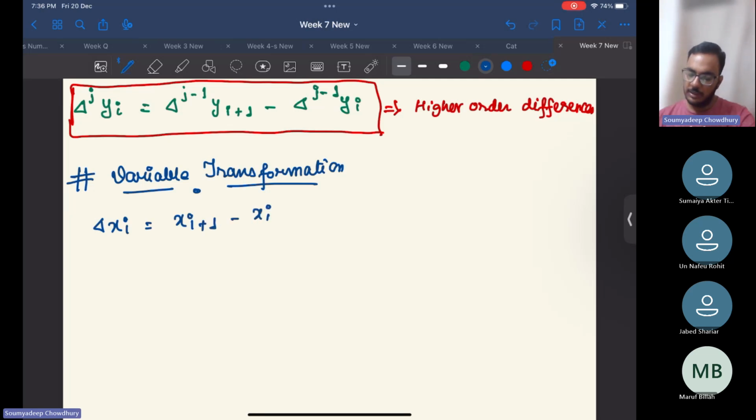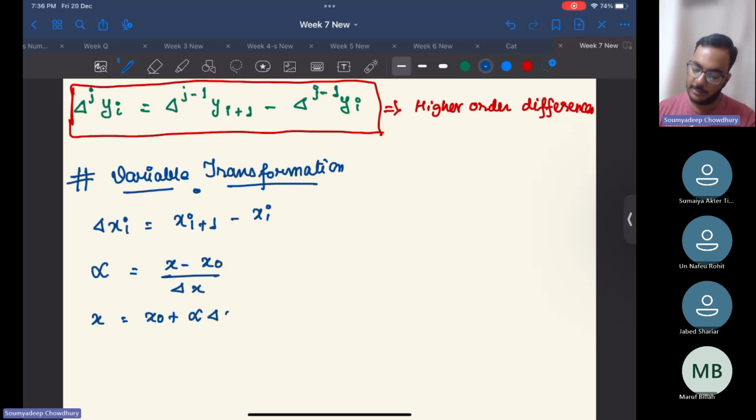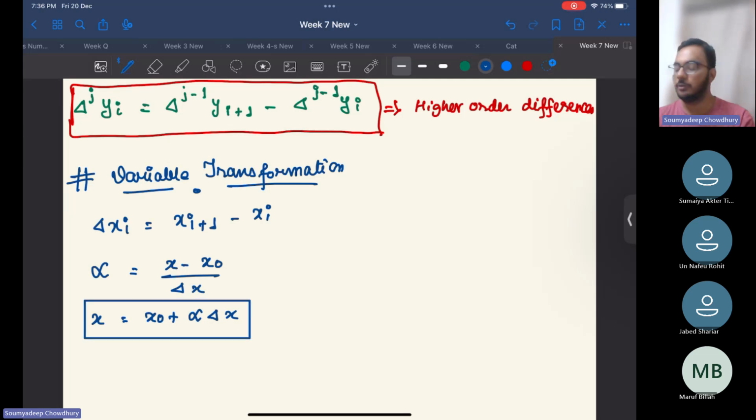We use a variable alpha to represent x minus x naught by del x. So x we can represent as x naught plus alpha delta x. We use this variable transformation in order to simplify our calculation. I'll show you how it will simplify our calculation.